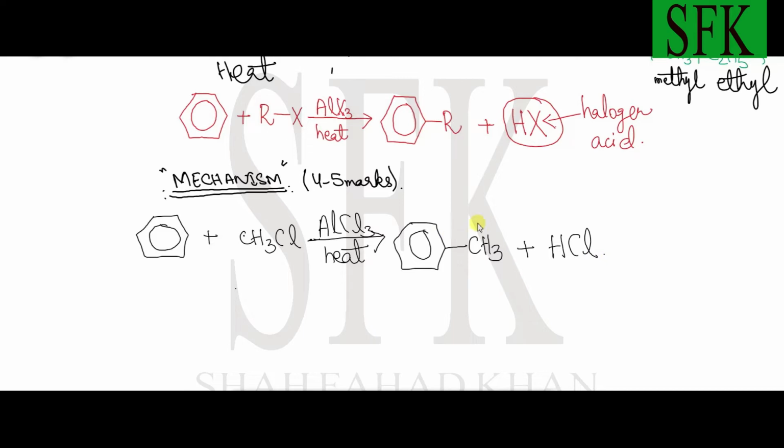So methylbenzene is our monosubstituted derivative and HCl is the byproduct.